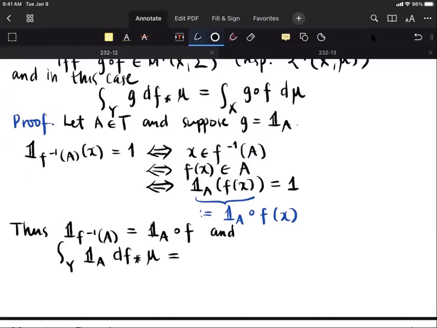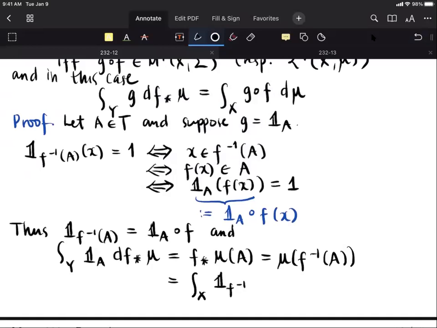Hence, this is the same as the image measure of A. And according to the definition of the image measure, this is mu of f inverse of A. However, this is nothing but the integral over X of the characteristic function of f inverse A with respect to the measure mu.